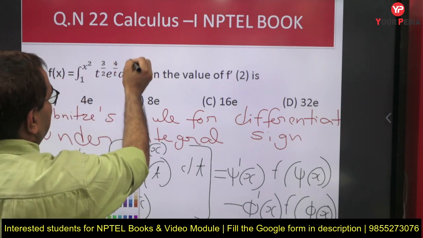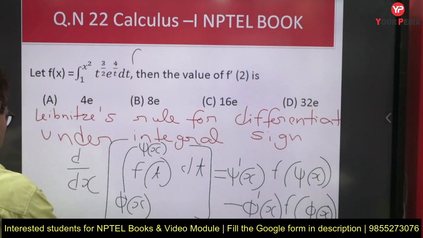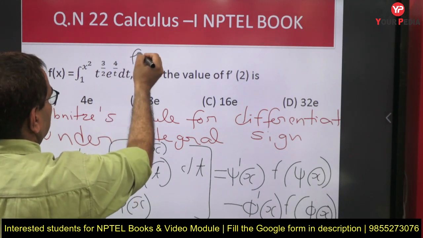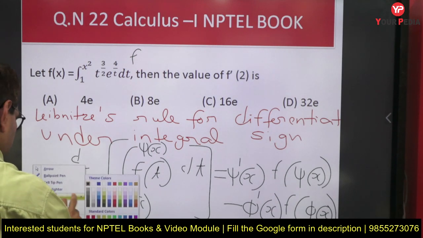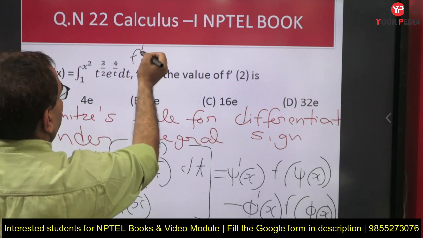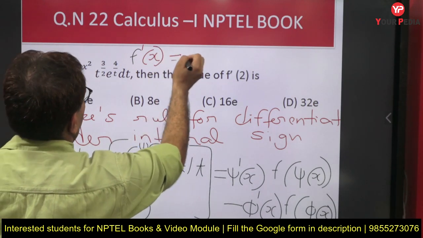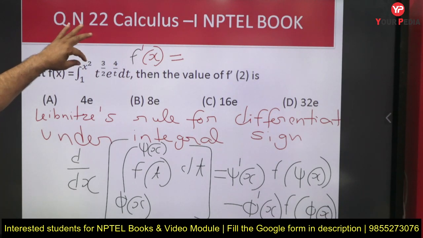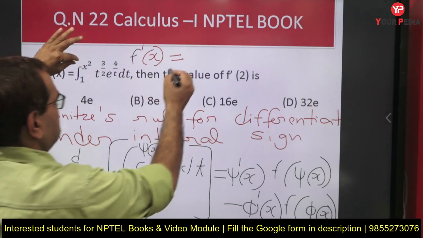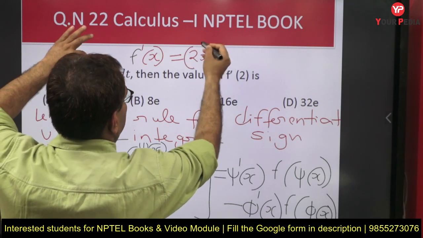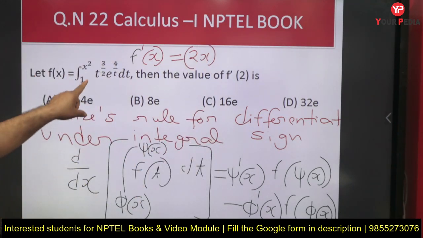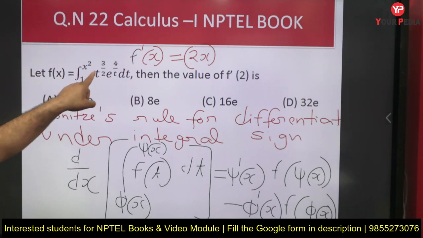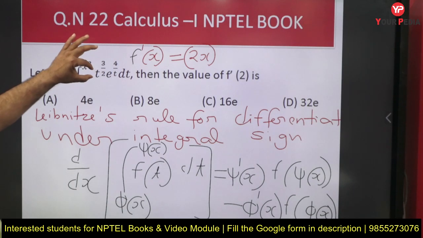So how can we compute f dash x? f dash x equals the derivative of the upper limit, the derivative of x square, so it will be 2x, multiplied by the function with t replaced by x square.